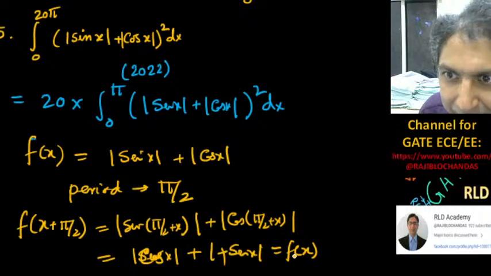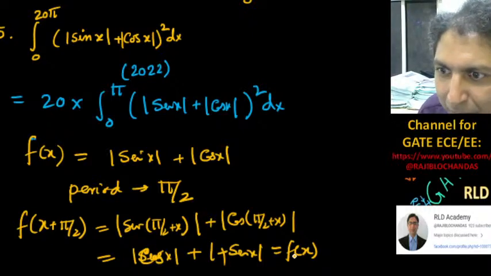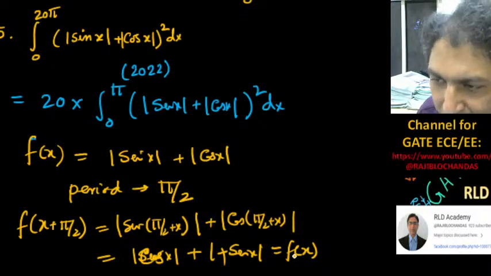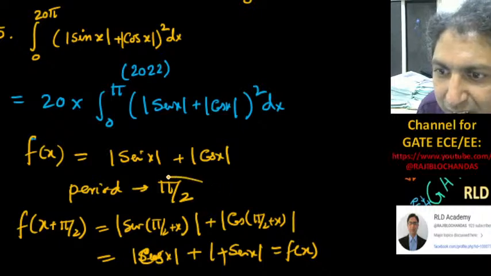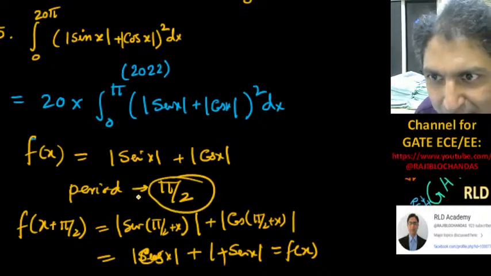That implies that this function f of x, mod sin x plus mod cos x, is periodic with periodicity pi by 2. That is very important.